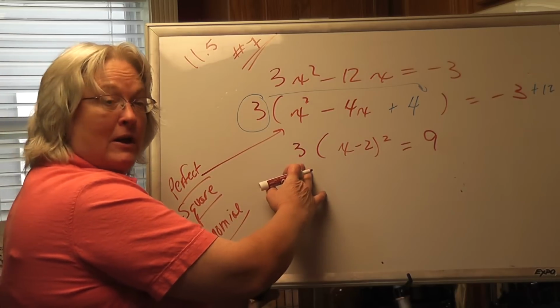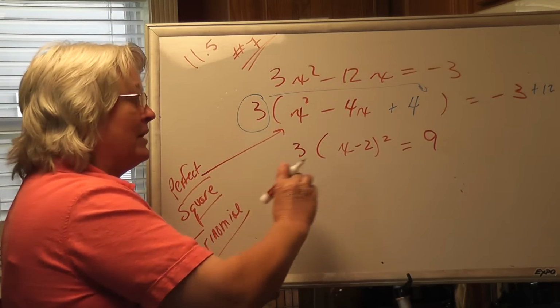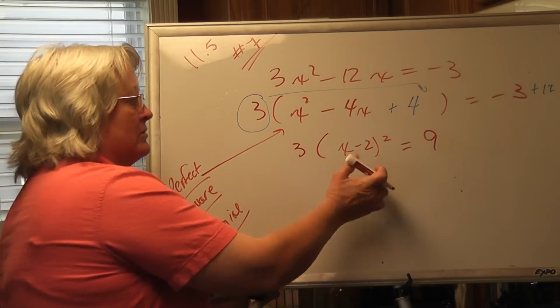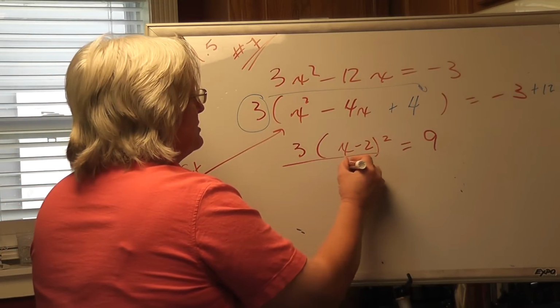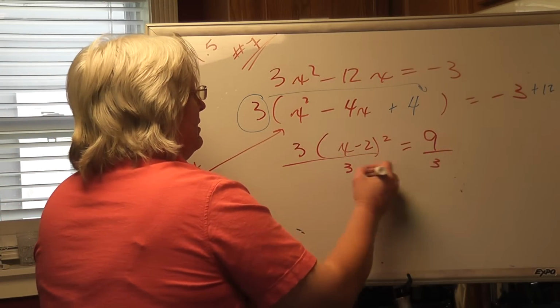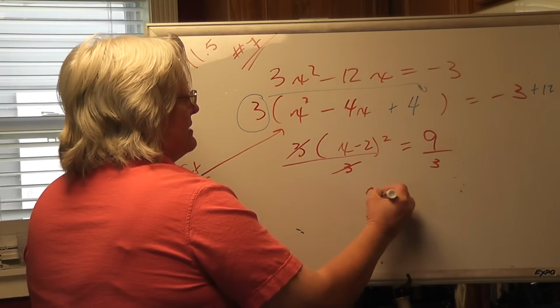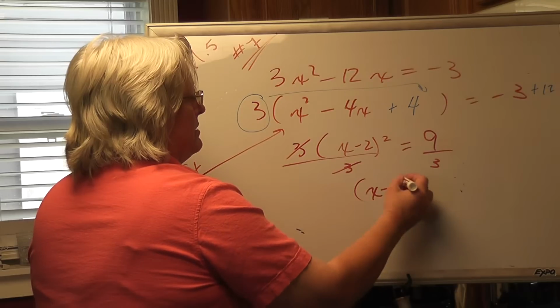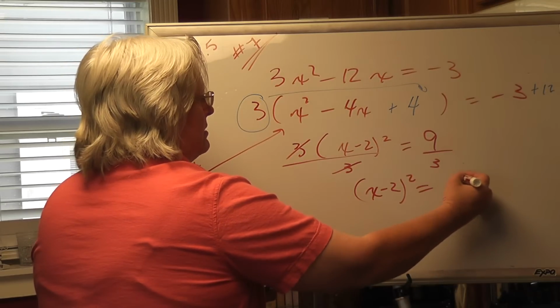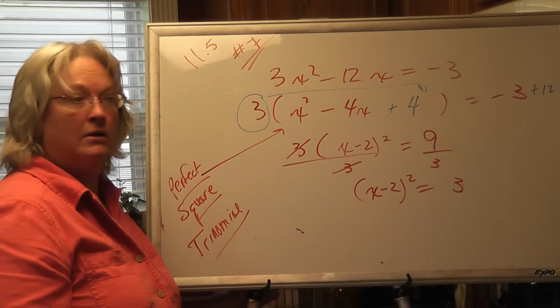We have a multiplier here of 3. We don't care about three of these factors, so we're going to divide both sides of this equation by 3, which ends up with x minus 2 quantity squared is equal to 3.